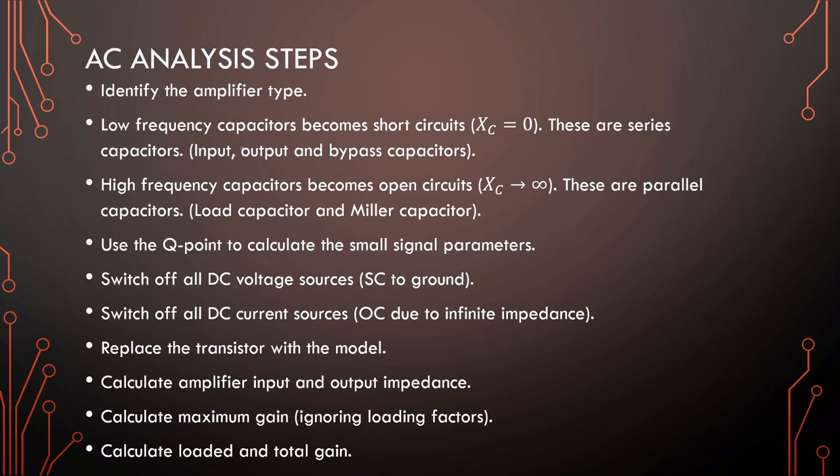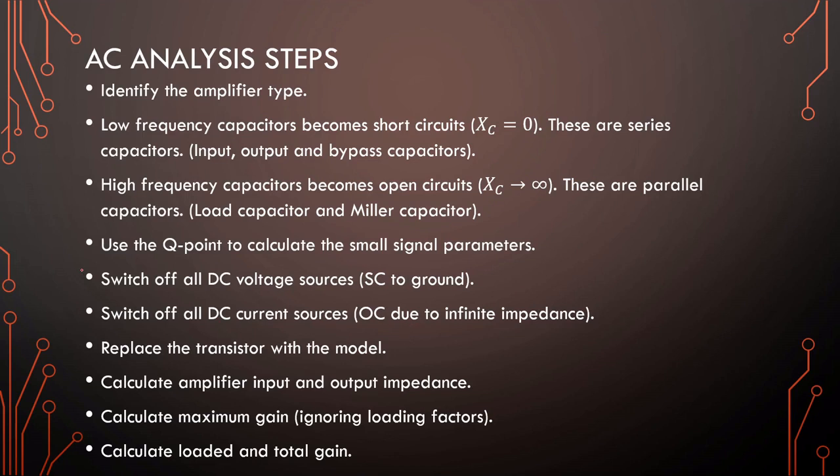Then all low frequency capacitors will become shorts and all high frequency capacitors will become open circuits. The Q point gives the small signal parameters. Then you're going to switch off all DC sources, so they are going to become short circuits to ground. You're going to switch off all current sources and they're going to become open circuits.